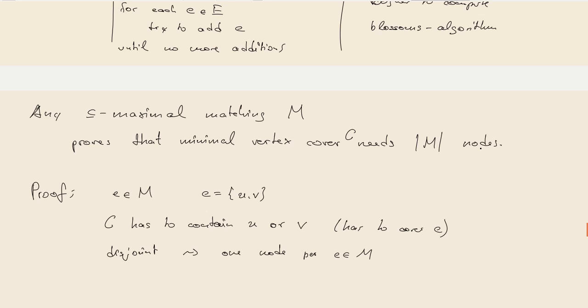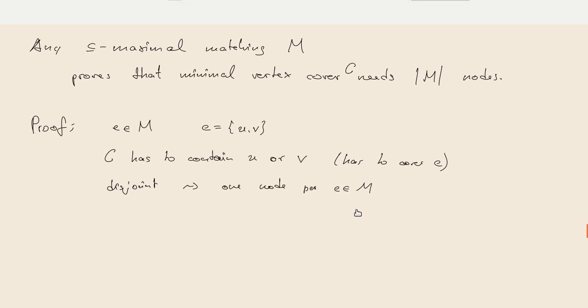In fact, we haven't used, where did we use that? The matching is inclusion maximal. So we've shown that any vertex cover has to take one of the nodes from each of the matching edges.